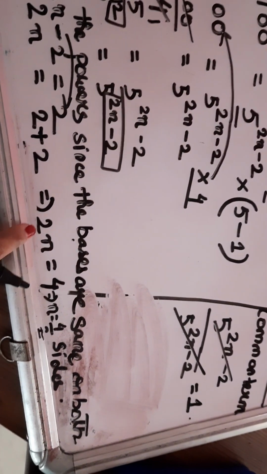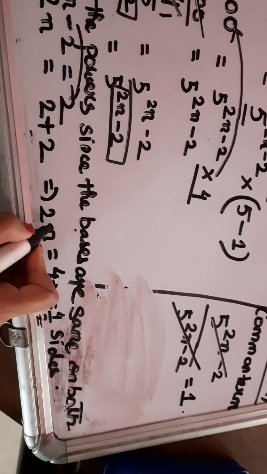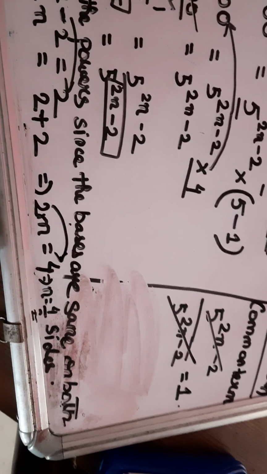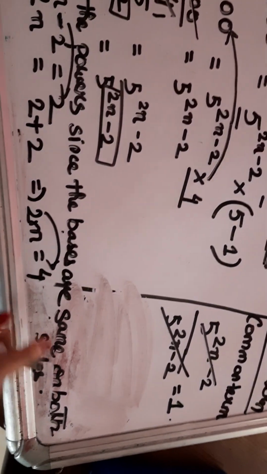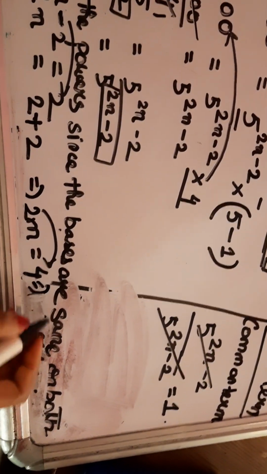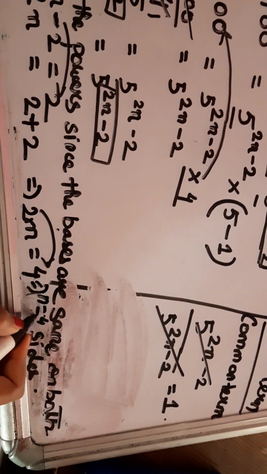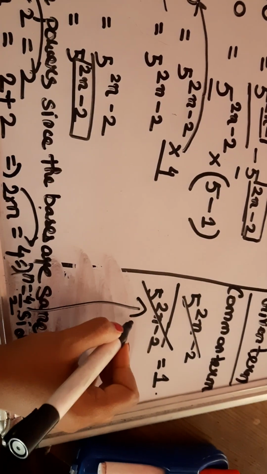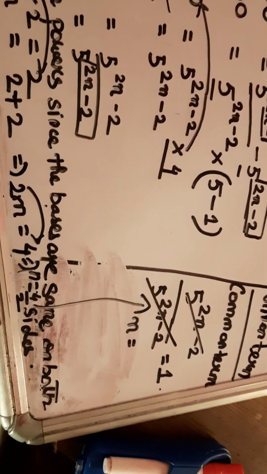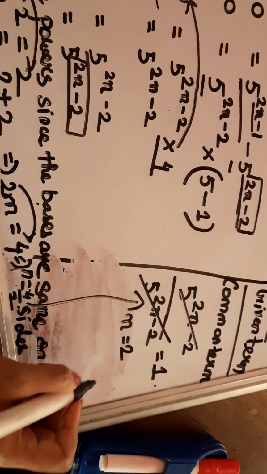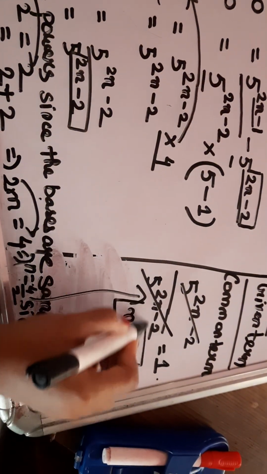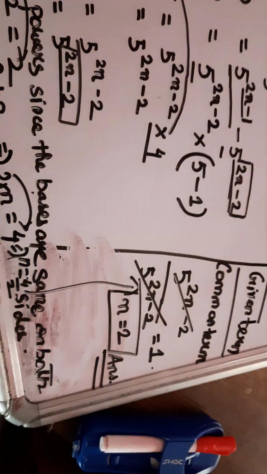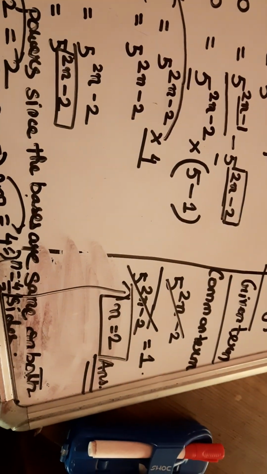Because you see here 2n, that means 2 was in the multiplication form, so it will go to that side, so it will become by 2, right? So here n equals to 4 by 2, that means it will be only 2, right? So n is equals to, 2 ones are 2, 2 twos are 4, so n equals to 2. So this is my answer, that the value of n is 2. Okay, so like this we can do this sum.